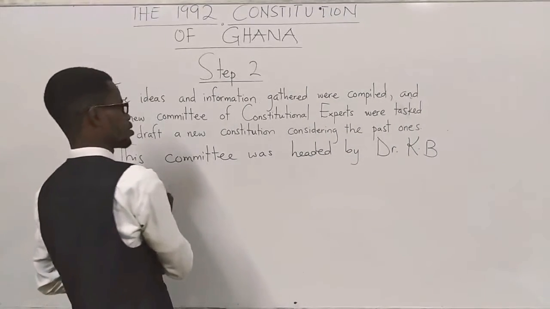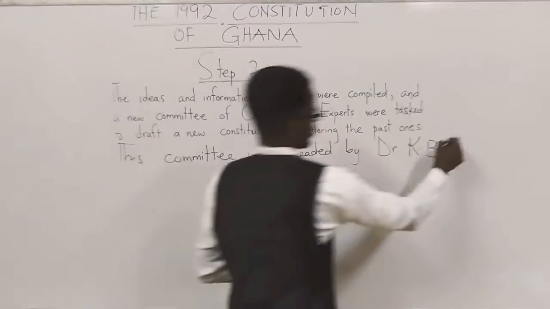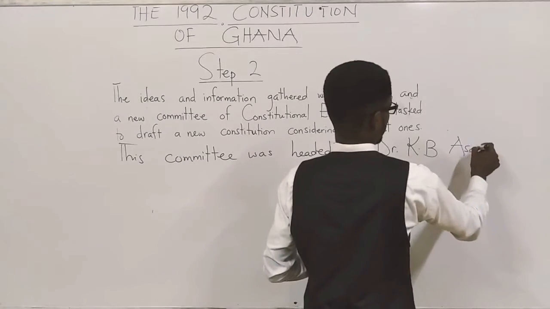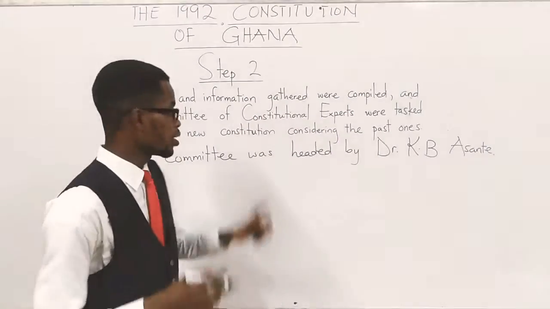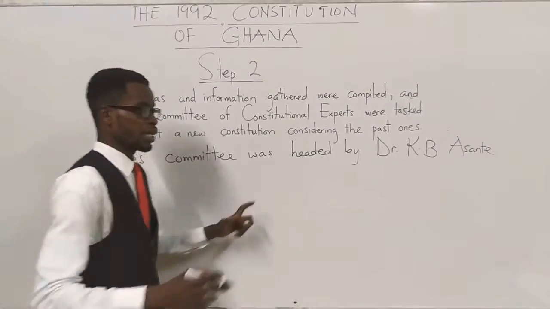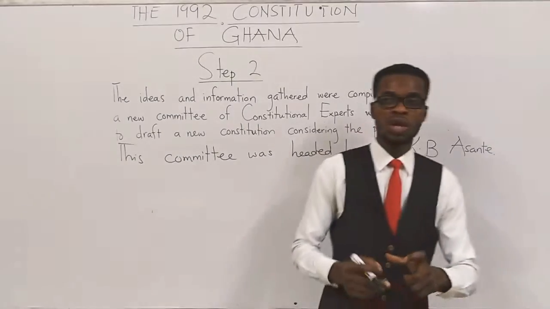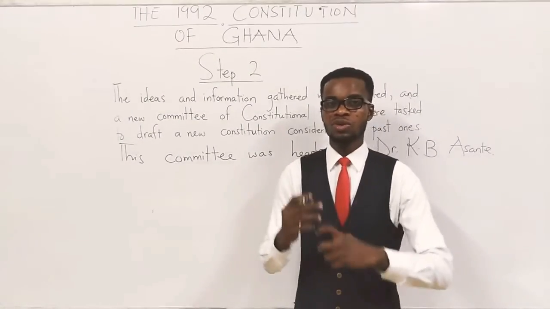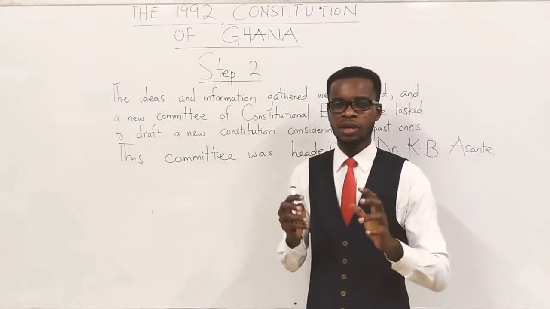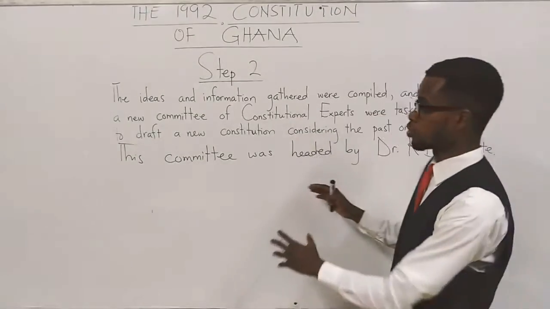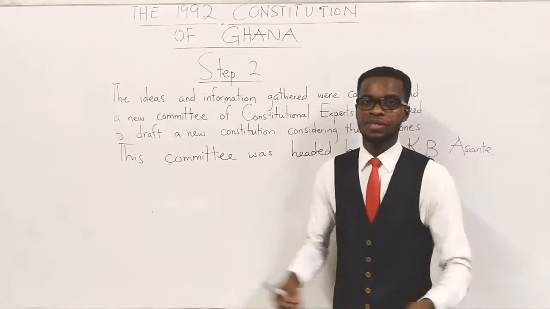Dr. K.B. Asante was the head of the Committee of Constitutional Experts. They did their work, and then they handed it over to another committee. Another committee was set up, and that was the Consultative Assembly. Their work is what we're going to talk about in step 3.